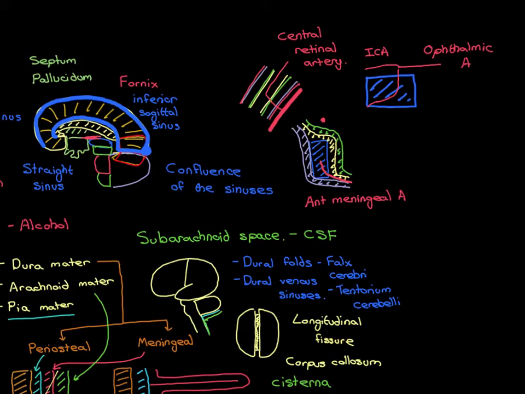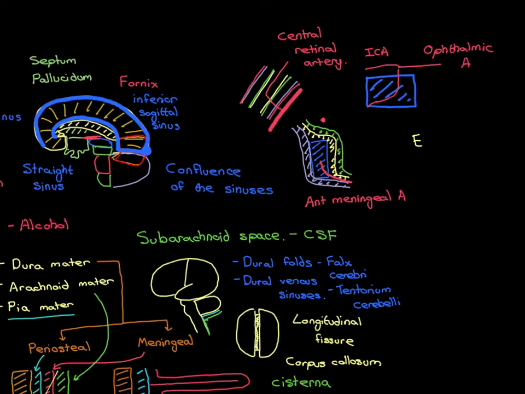So, when discussing arteries that supply the brain, we split them into two categories. The ones that are currently running outside of the pia mater, and therefore well outside of the brain, and which will give off branches which will penetrate through the pia mater and then actually supply the brain, are known as extra-axial arteries, so I'll just write this down here.